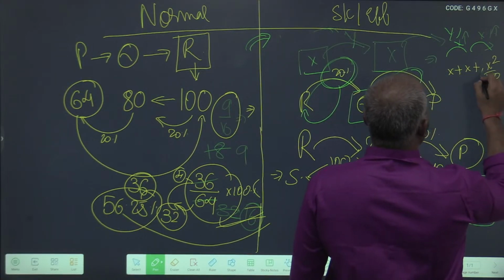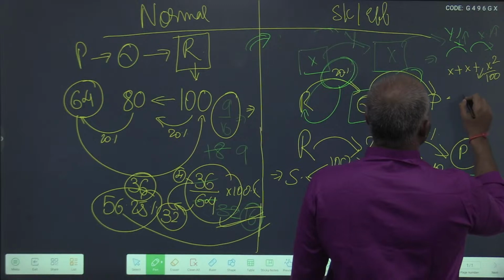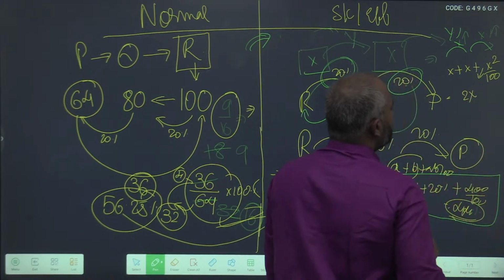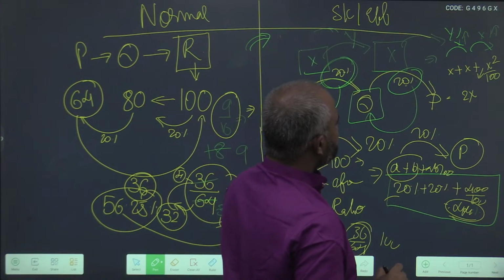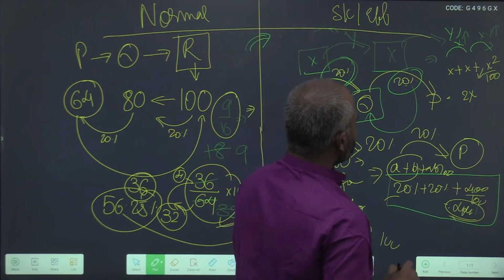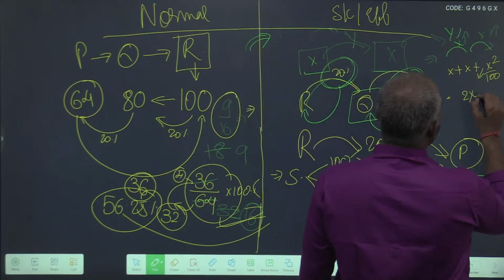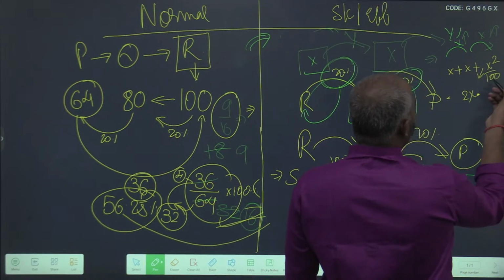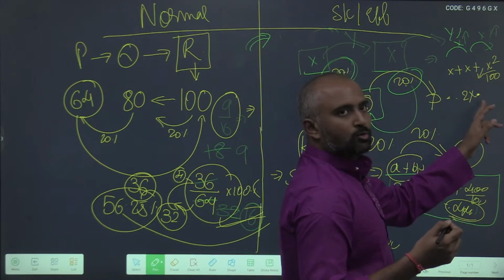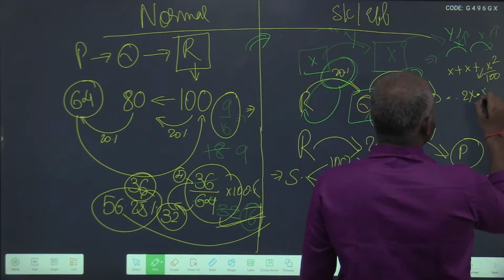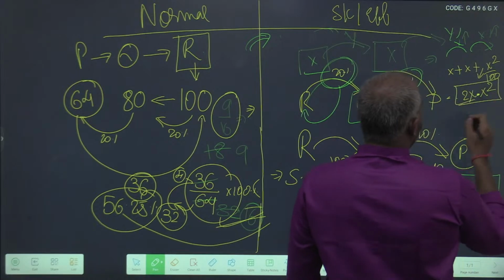Can I also write this as 2x dot x square?